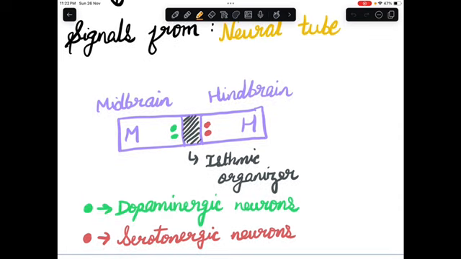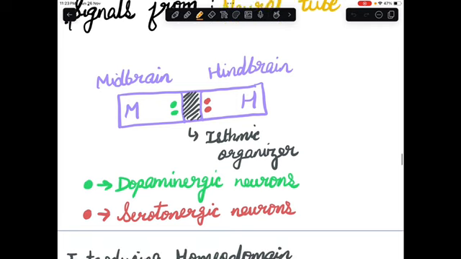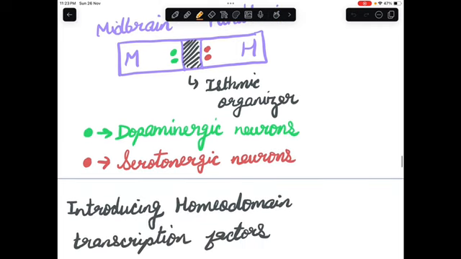At this point, I would like to introduce homeodomain transcription factors, whose expression lays out the rostrocaudal positional characters of the neural plate. What is a homeodomain though? It is that section of a protein that binds to specific DNA sequences in the regulatory regions of genes, changing the gene's transcription.